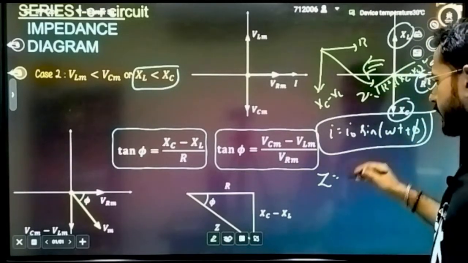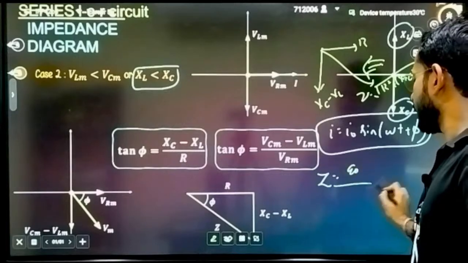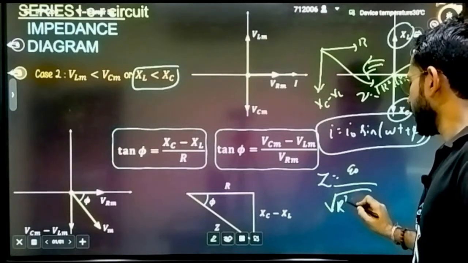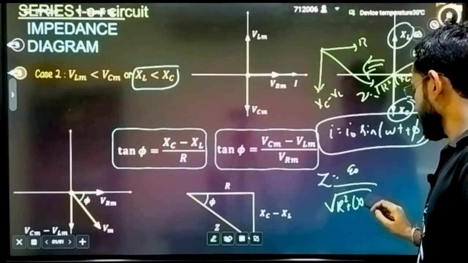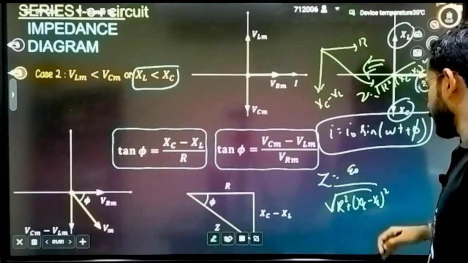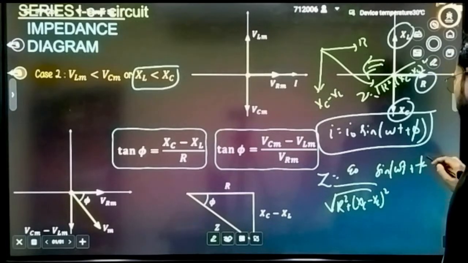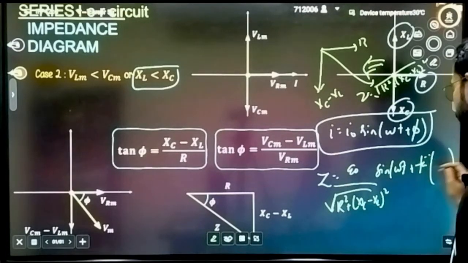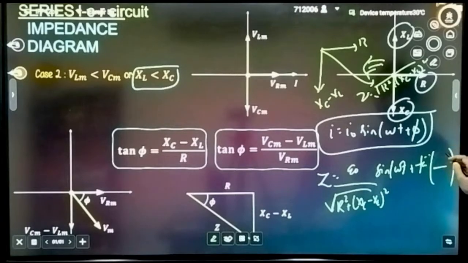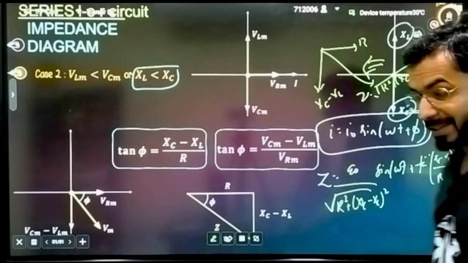Correct? And after that, just write it here. It will be E naught divided by root under R square plus (XC minus XL) whole square, sine of omega t plus tan inverse of perpendicular XC minus XL divided by the base, that is R.